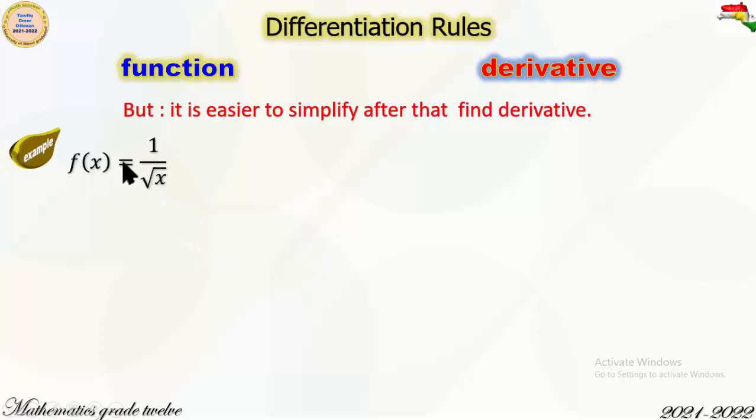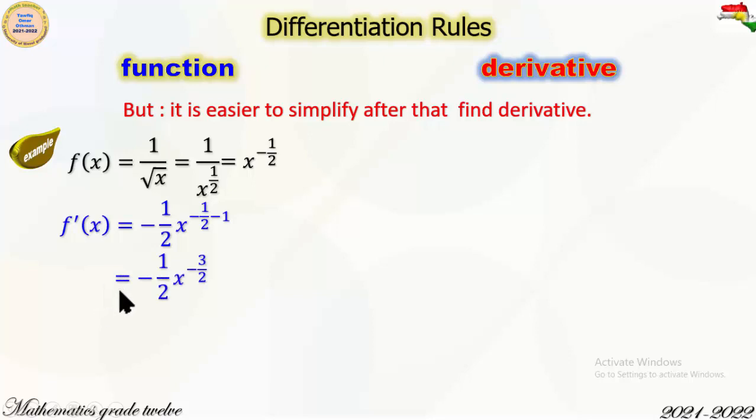For example, f of x is equal to 1 over square root of x. Changing to x to the power 1 over 2, which taking from the denominator to the numerator becomes x to the power minus 1 over 2. F prime of x is equal to, first of all, write the power, which is minus 1 over 2, x to the power minus 1 over 2 minus 1.